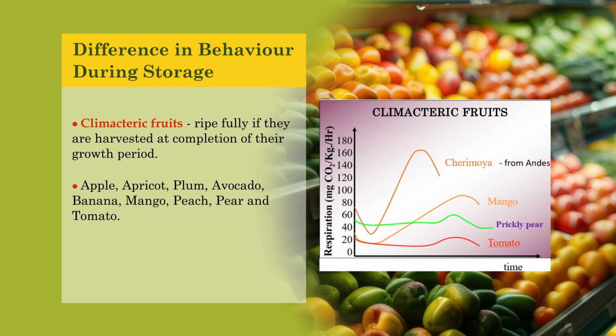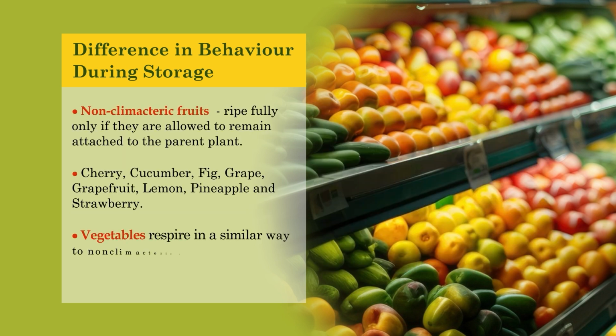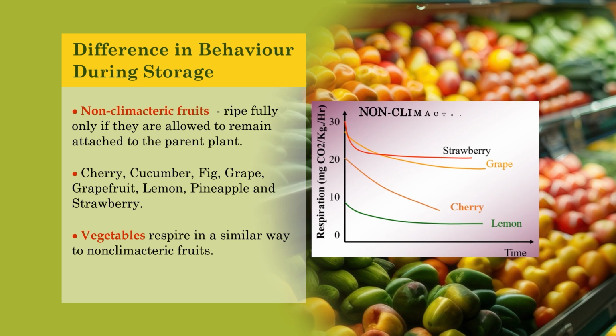However, in climacteric fruits, in the storage, keeping conditions constant, there is a sudden rise. So, there is a climacteric peak at which they come. For that region, the spoilage is faster even at a particular storage condition, and they have a limited shelf life. So, that needs to be addressed and taken care of.